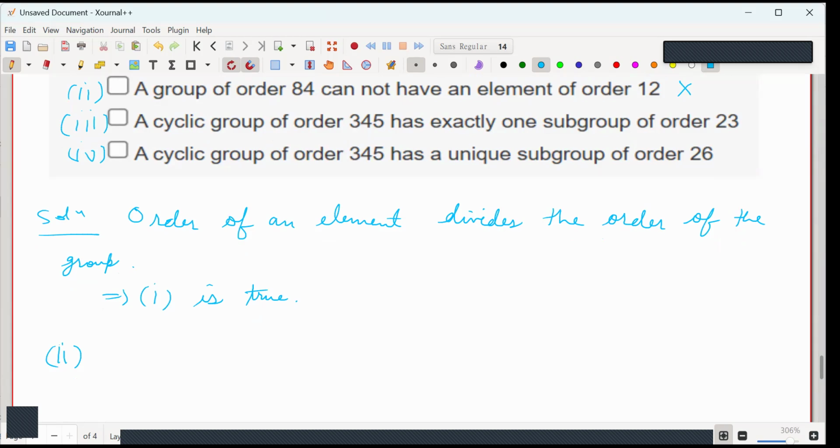Z84. Very nice. So the group Z84 has an element of order 12. What is the element, or what are the elements?